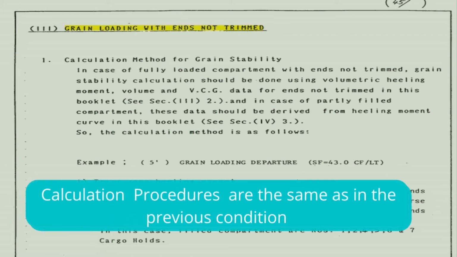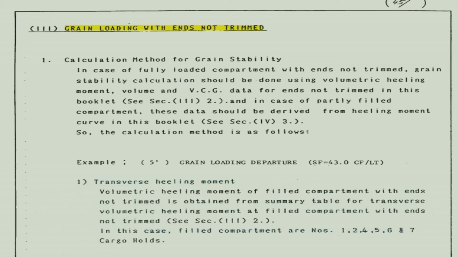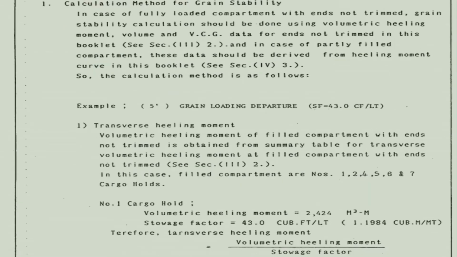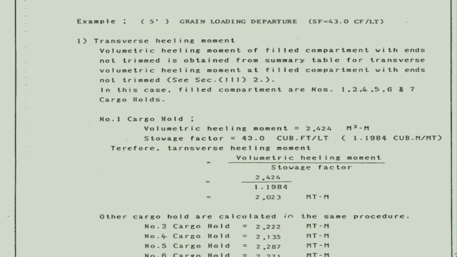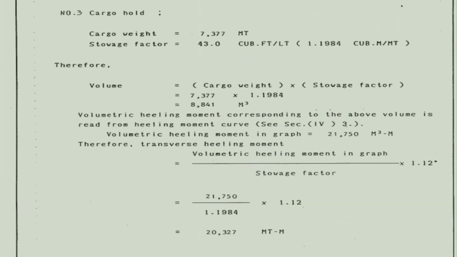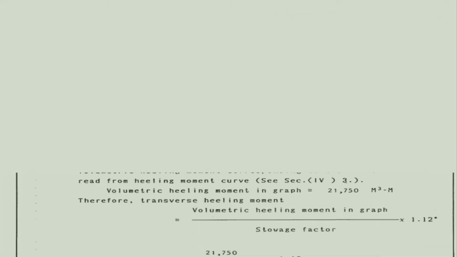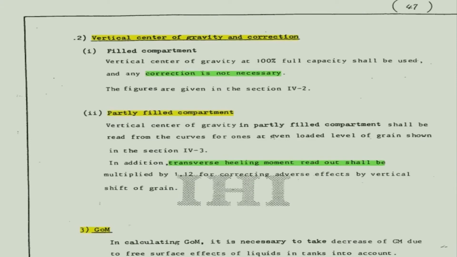This method will be the same procedure as the previous condition. Here, step number 1, transverse heeling moment calculation. Everything is the same, but we'll see together what is the major difference between both conditions.